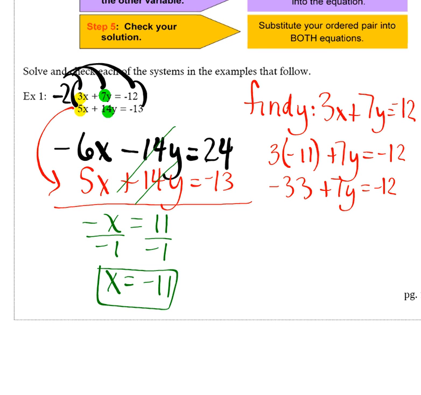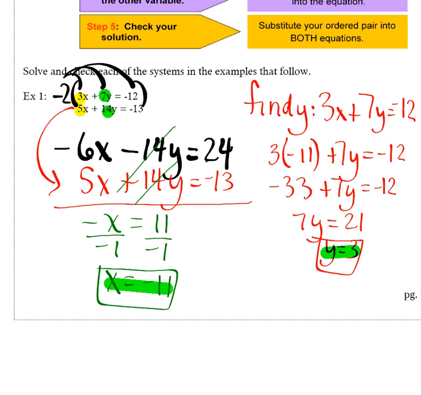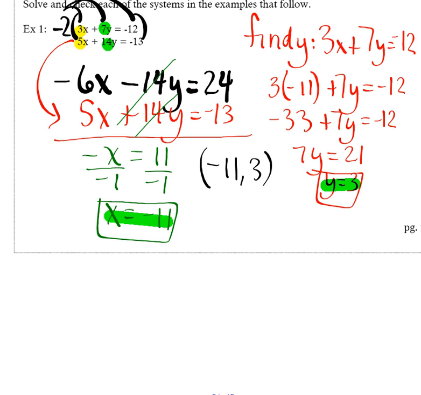Bringing the 33 to the other side by adding it, I wind up with 7y equaling a positive 21, and y equals 3. So here's my second variable, and my point is negative 11, 3.